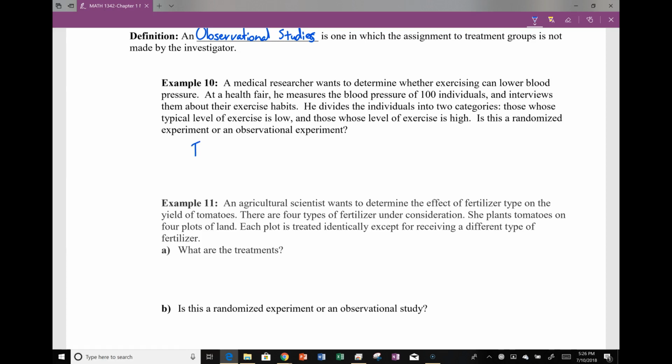Therefore, this is an observational experiment, because all you're doing is observing what they did, whether they exercised or they didn't, and what their blood pressure is. Okay?